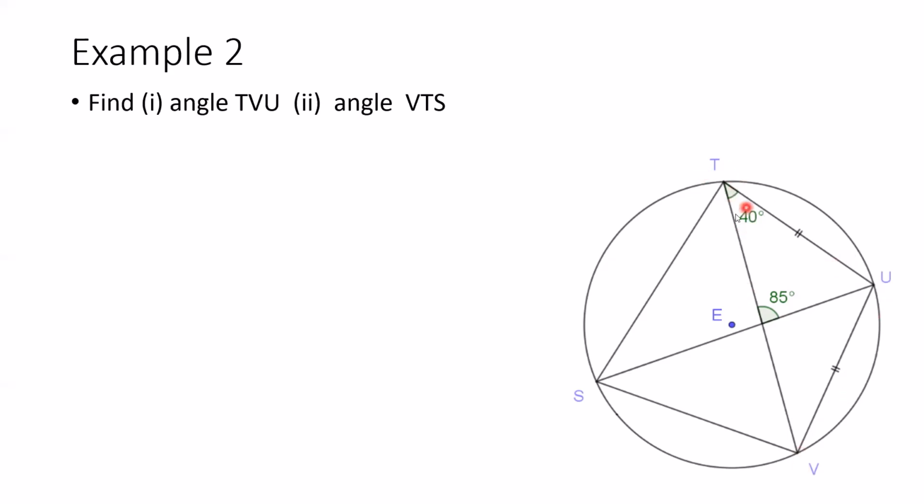Therefore, angle T here is equal to angle V here. That is, VTU is equal to UVT. So, TVU is equal to 40 degrees as TVU is the base angle in isosceles triangle TUV.